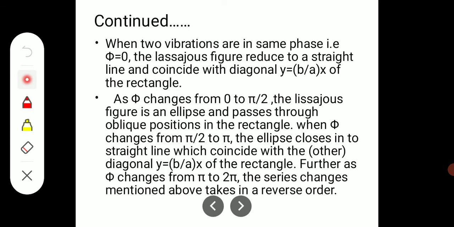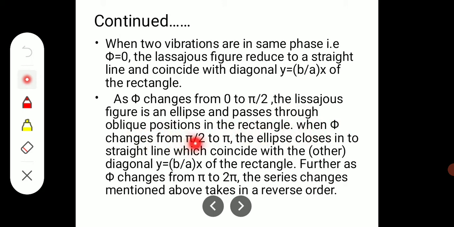When the two vibrations are in phase, that is phi equal to 0, the Lissajous figure reduces to a straight line and coincides with the diagonal y equal to b by a x of the rectangle. If phi changes from 0 to pi by 2, the figure is an ellipse passing through oblique positions in the rectangle.